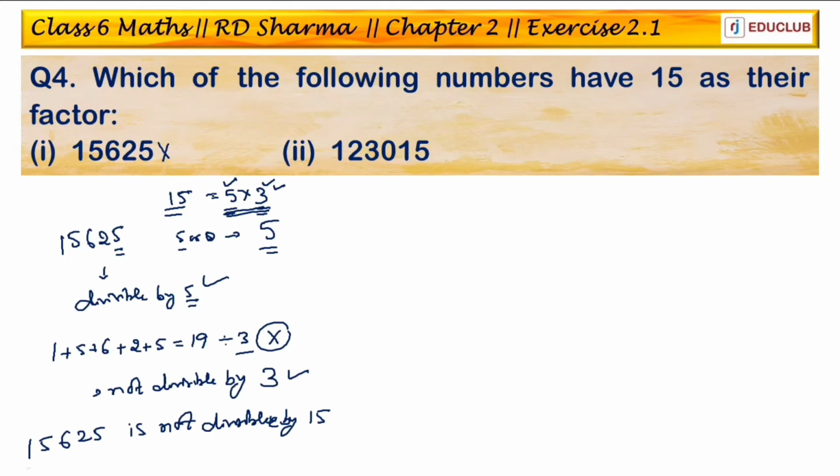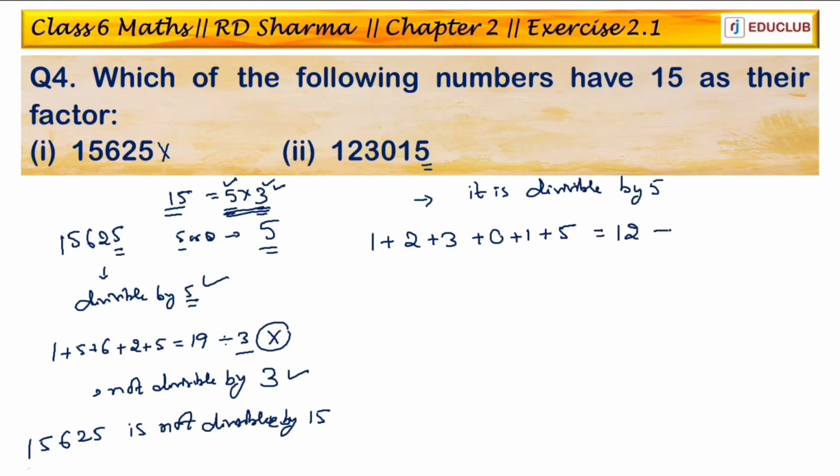Okay, now let us see the next number. 123015. Okay, now unit digit is 5, so we can say it is divisible by 5. Now let us see whether it is divisible by 3 also or not. Now the sum of the digits: 1 plus 2 plus 3 plus 0 plus 1 plus 5. 1 plus 2, 3, plus 3, 6, plus 1, 7, plus 5, 12.